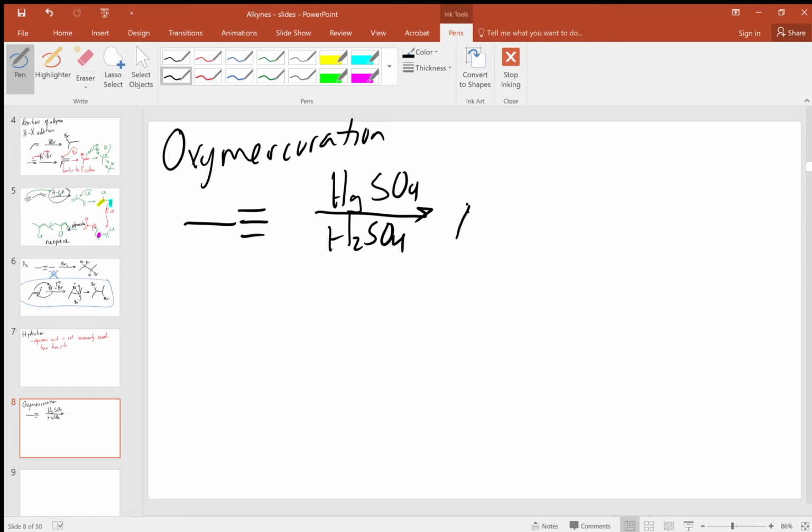The main difference in this mechanism, at least at the start, is that instead of forming a three-membered ring, we form a cation. The main reason, again, is that a three-membered ring is unstable enough, but if we try to put an alkene into a three-membered ring, they're even less stable.